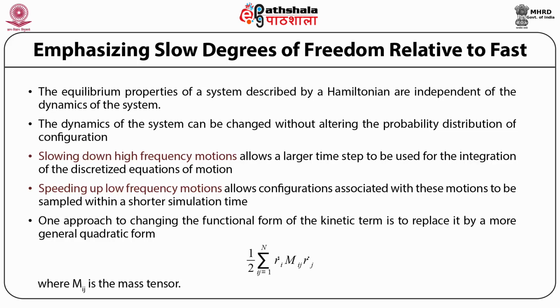Hence, what we can do is try to artificially put in something so that the fast frequencies are damped, and the low frequency or slow motions become predominant compared to the fast ones. That can be done in certain ways, and one of the ways is using some mass insertion. I'll show you some examples where we have applied this.